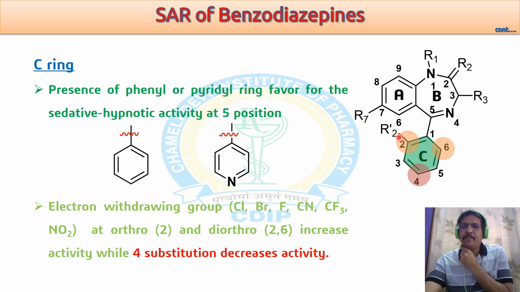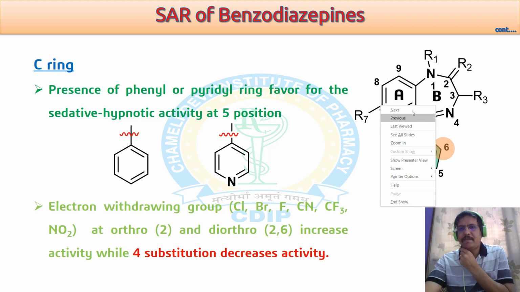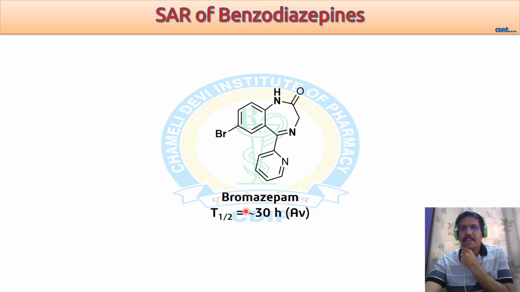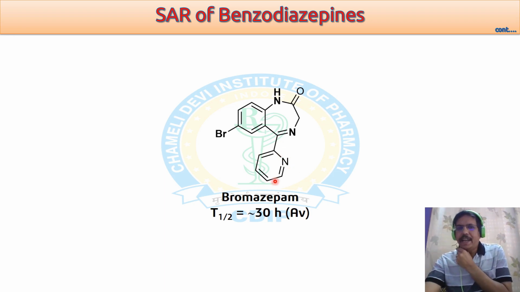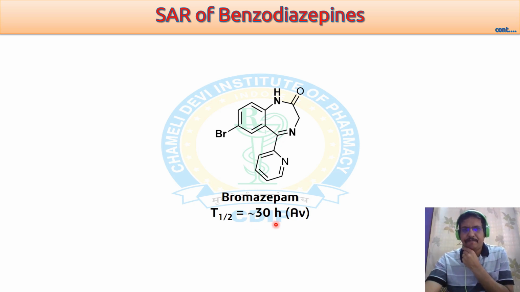So the more favorable places for changes are the 2nd and 6th positions of this phenyl ring. We take the example of bromazepam, where in place of phenyl we take the pyridine ring system, and it gives the activity, and its half-life is 30 hours.